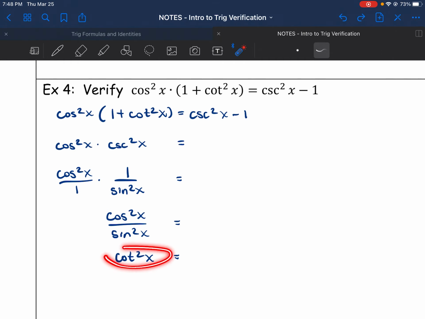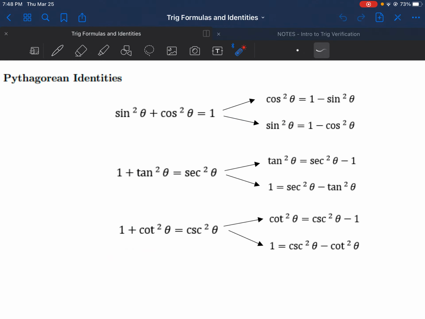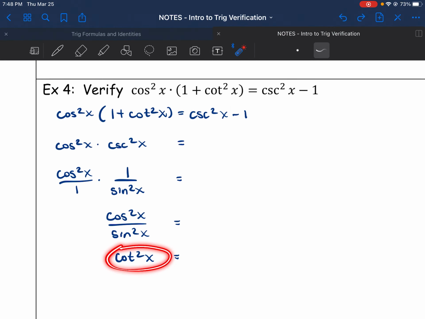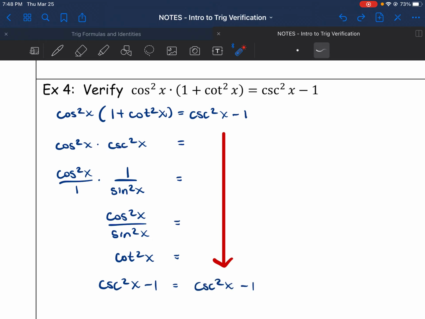However, if we look at our Pythagorean identities, notice that cotangent squared is cosecant squared minus 1. So this cotangent squared of x is going to become cosecant squared of x minus 1 because of the Pythagorean identities. And that's exactly what we wanted to verify in the first place. So we're done with that problem.